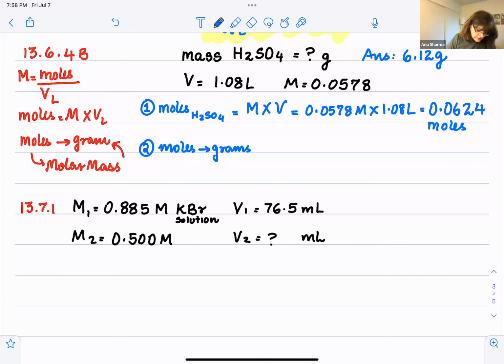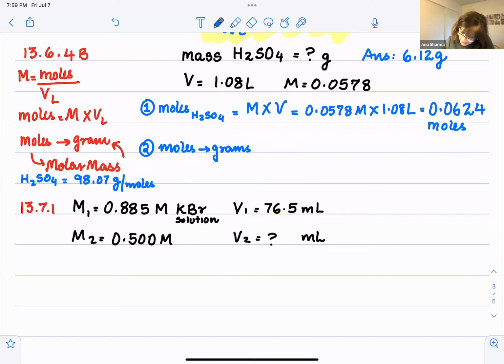You can do this on the side: the molar mass of H2SO4 is 98.07 grams per mole.